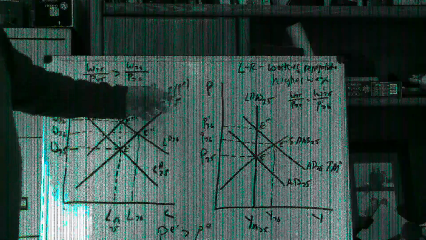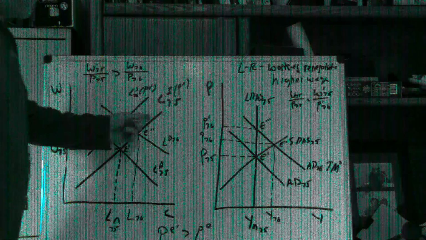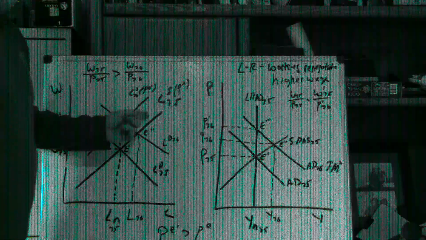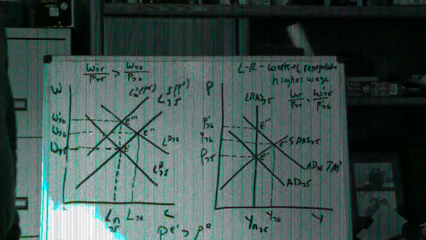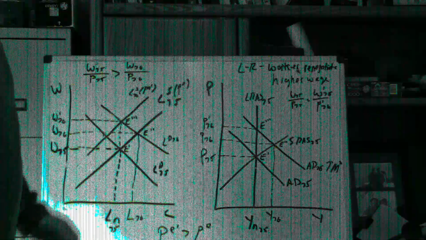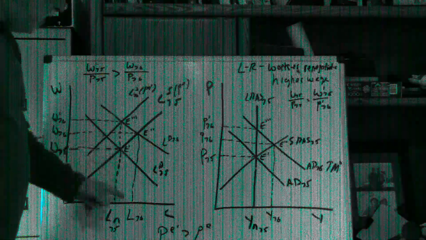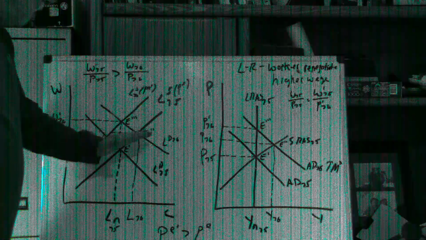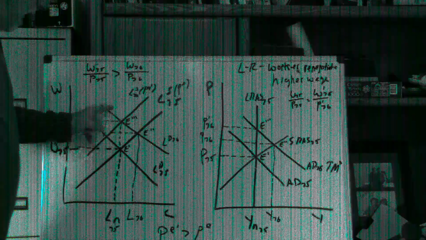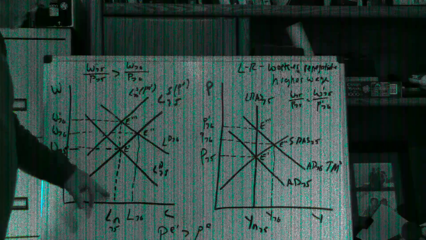So if PE prime is going up, this labor supply schedule is going to shift upward and inward in the long run, so workers can secure a higher wage rate to keep pace with the higher inflation. But firms say, look, if you want higher wages, we've got to reduce the amount of workers that we're going to employ. So this labor supply schedule shifts upward and inward, and we go back to employment in LN 75.